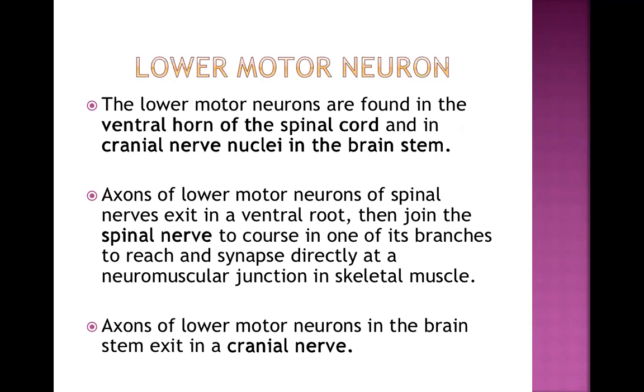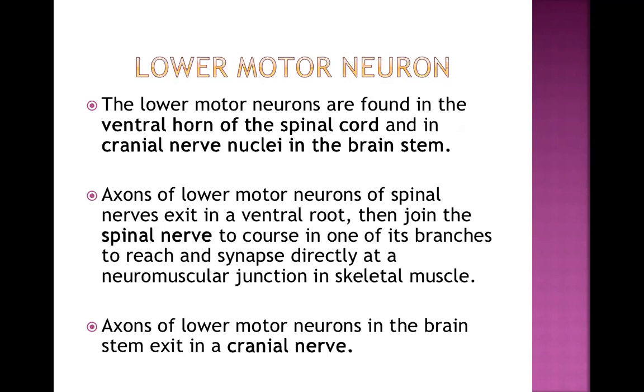Now, the axons of lower motor neurons of spinal nerve exit in a ventral root, then join the spinal nerve to course in one of its branches to reach and synapse directly at a neuromuscular junction in the skeletal muscle. This is how the lower motor neuron from the spinal cord goes to the muscle. So we all know from the ventral horn the motor neuron arises.